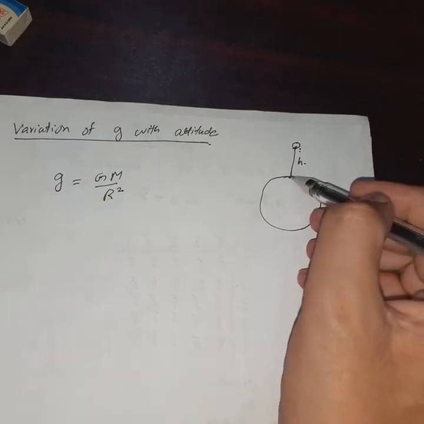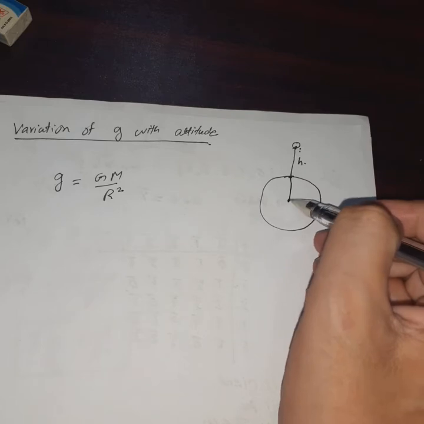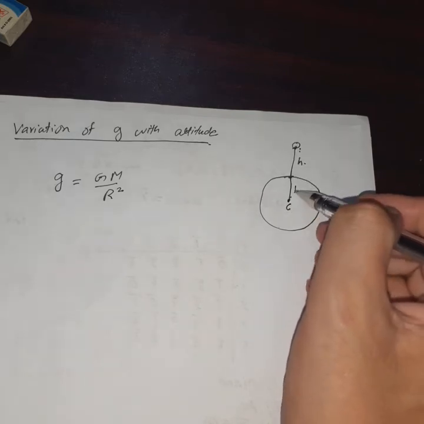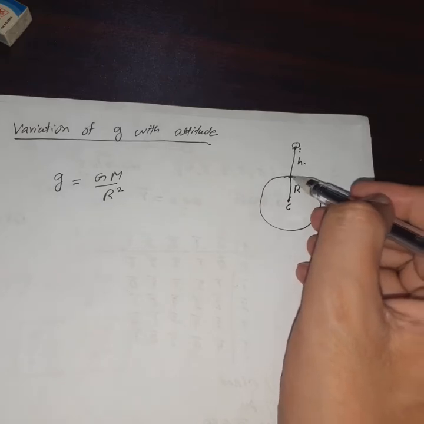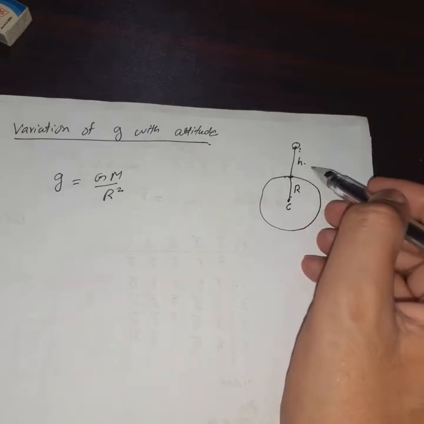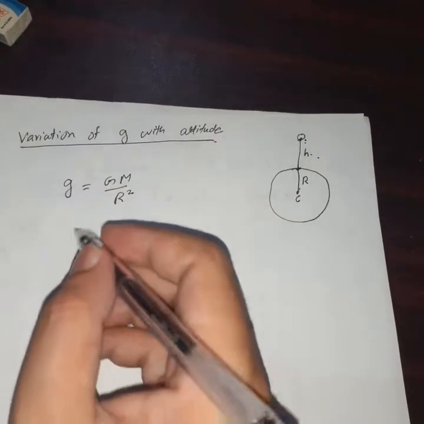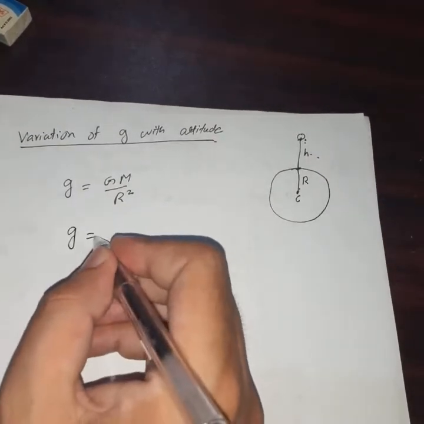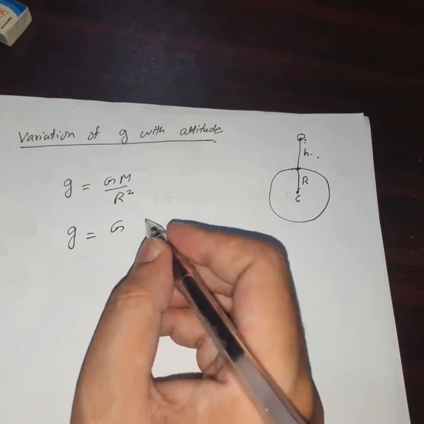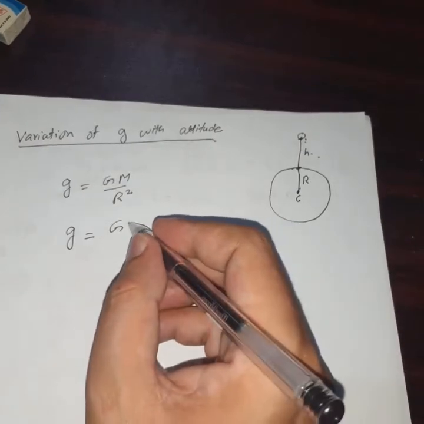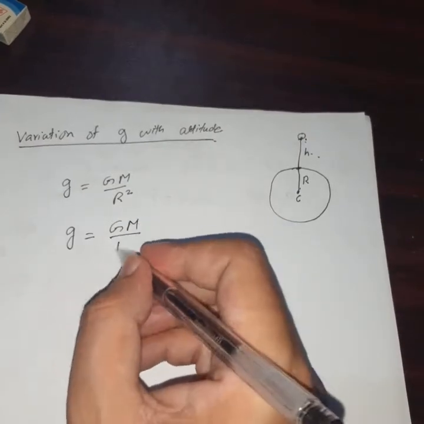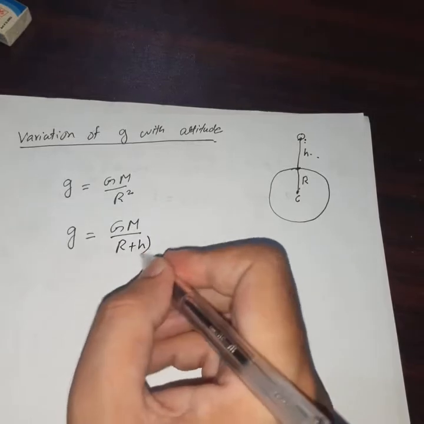The distance from the center of the Earth to the surface is the radius R, and from the surface to this point is h. So the total distance will be R plus h. So gravitational acceleration at height h from the surface of the Earth becomes GM over (R plus h) whole square.